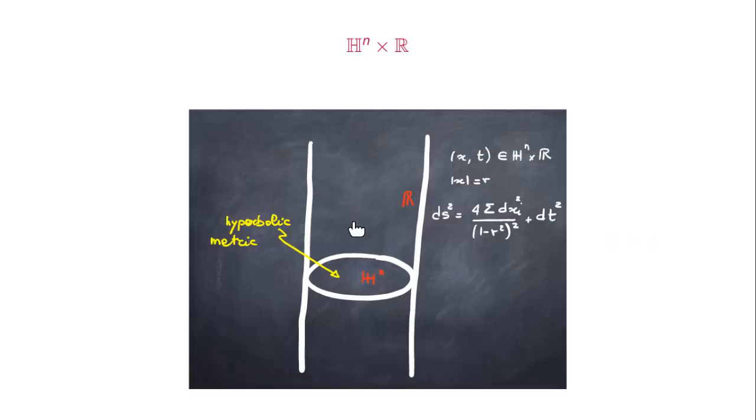So just a quick picture. We will use in this case the disk model for H^n, the hyperbolic space, and so our space appears like a cylinder with this metric that I wrote here.